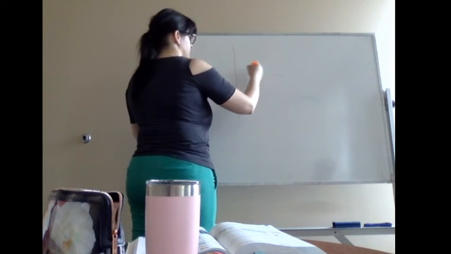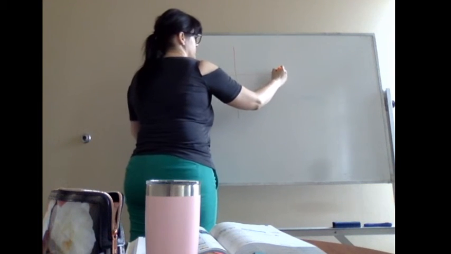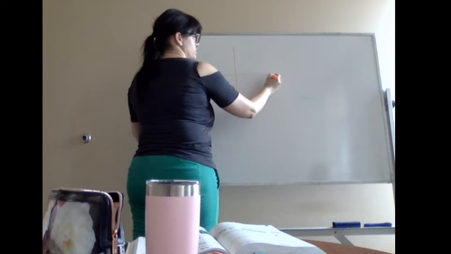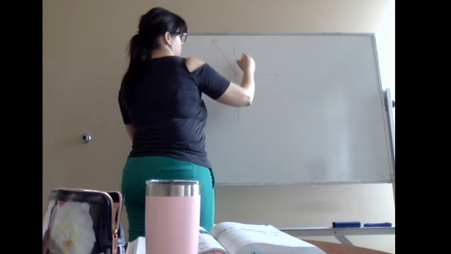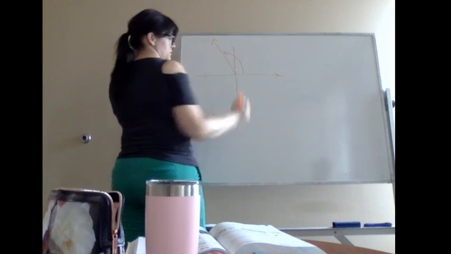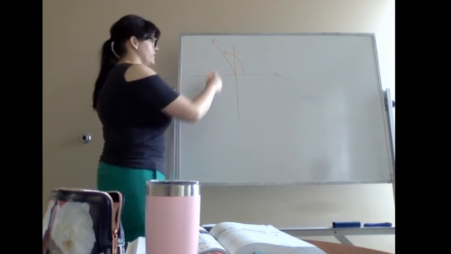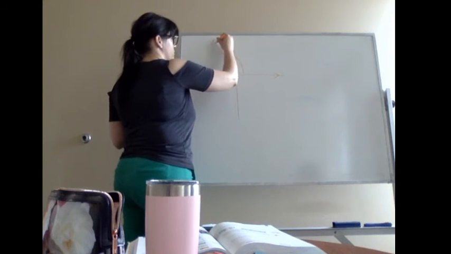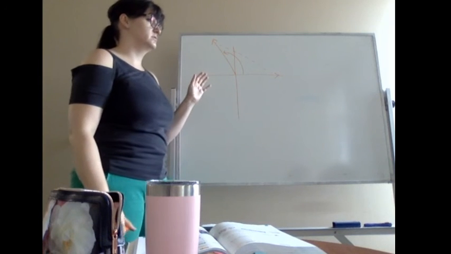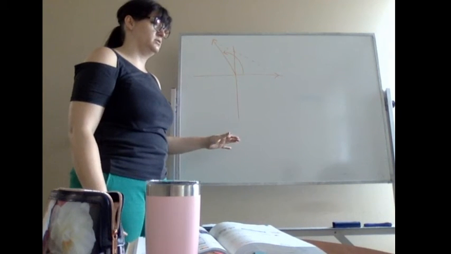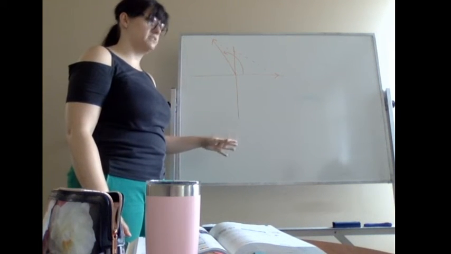So starting here, here's my initial side of an angle. And it's rotated out to here. If I drew a triangle back to my starting point, it's not a right triangle. My trig functions won't work. Does that make sense?